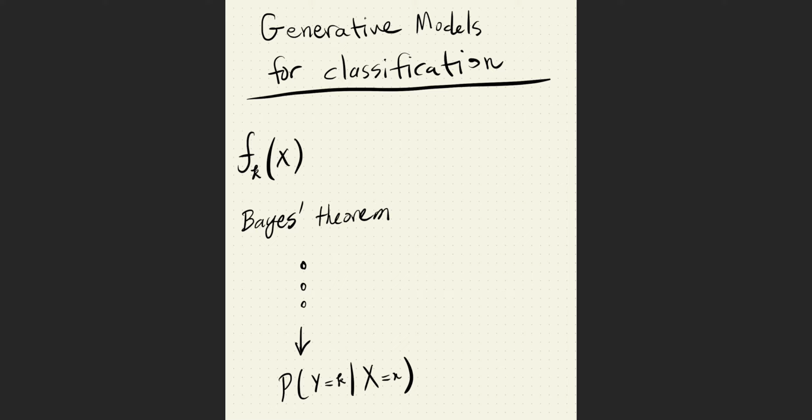Okay, in this lecture, we'll go over generative models for classification. If you recall, logistic regression involves directly modeling the conditional probability of the response given the features, probability of y given x, and we use the logistic function.